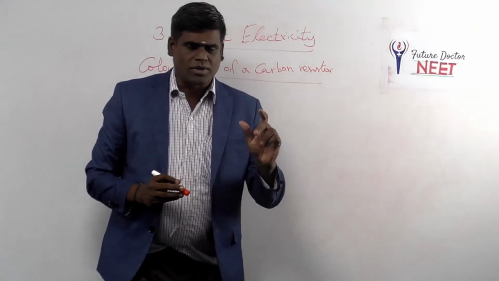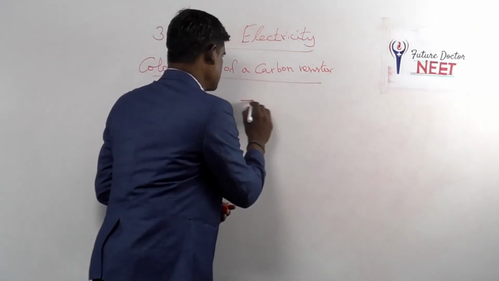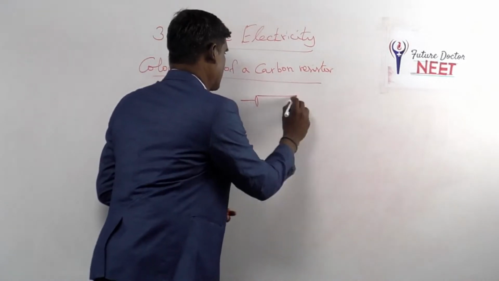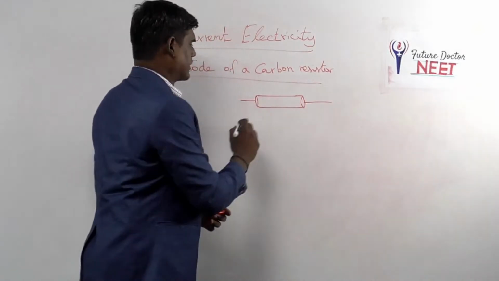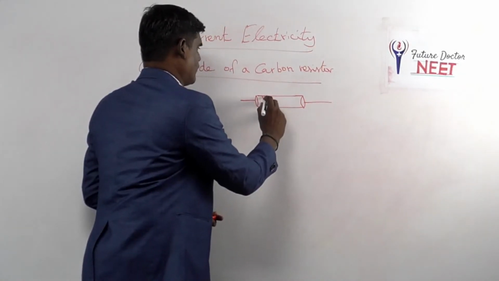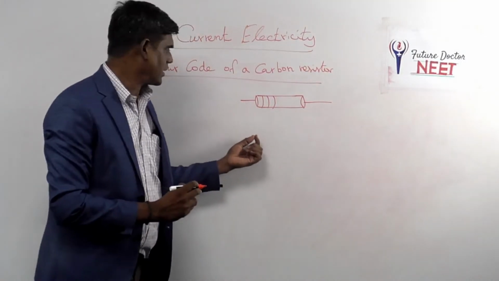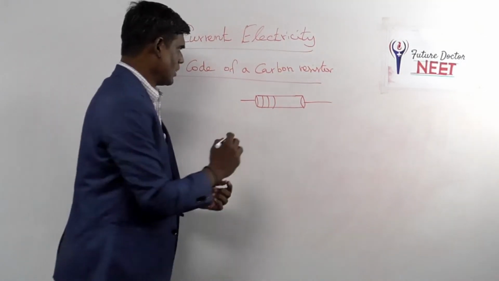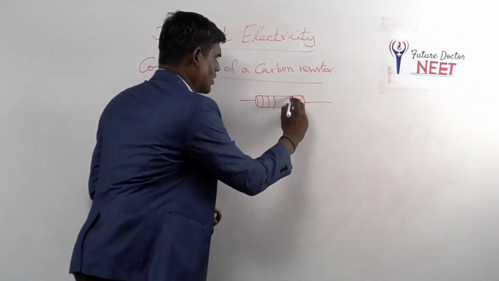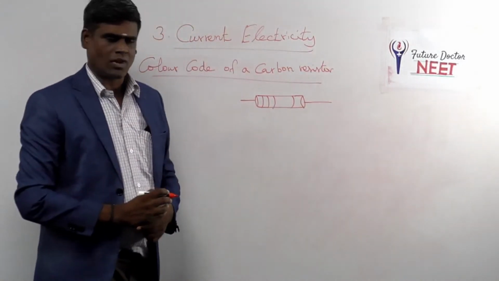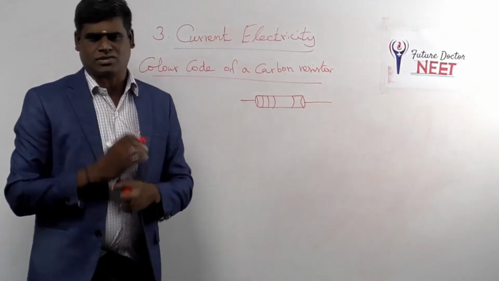In electronic equipment, you may observe a small resistor. It may contain some color rings. Is it so? Some color rings like this. Probably three rings will be there having different colors, but here red only. We can change the color also, and after some gap, at last another ring will be there. Depending upon the color, we can say the value of the resistor.